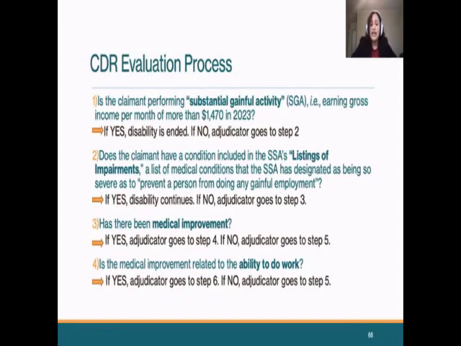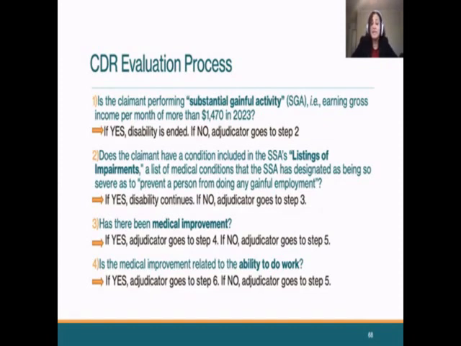Social Security looks at, is the claimant performing substantial gainful activity, SGA? And so, this is a concept that should be familiar from last session. Social Security is looking at whether they have earnings of gross income per month of more than $1,470. And that number changes each year. So in 2023, that's the amount that Social Security is looking for.